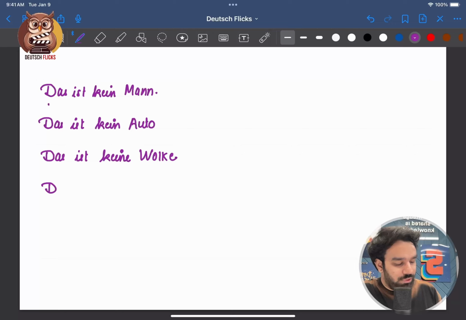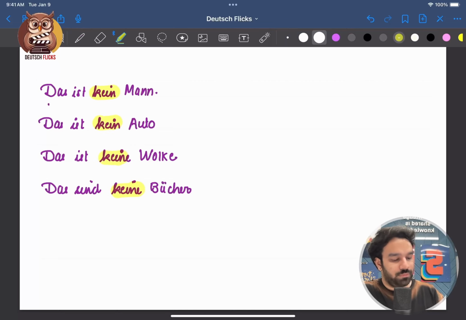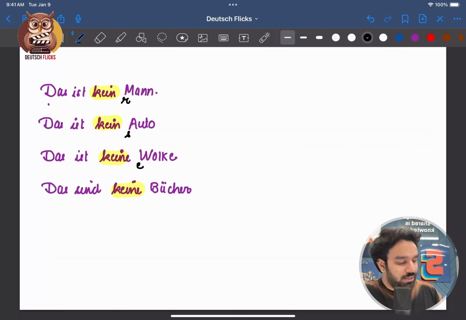And for plural, das sind keine Bücher. Kein for masculine, kein for neutral, keine for feminine, and keine for plural.